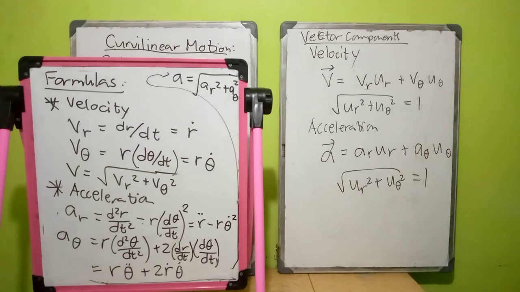These are the formulas for two-dimensional cylindrical components. In the next video, we will discuss what if it has three components, what if it has a z component, or a distance component. We will be discussing that in the next video.